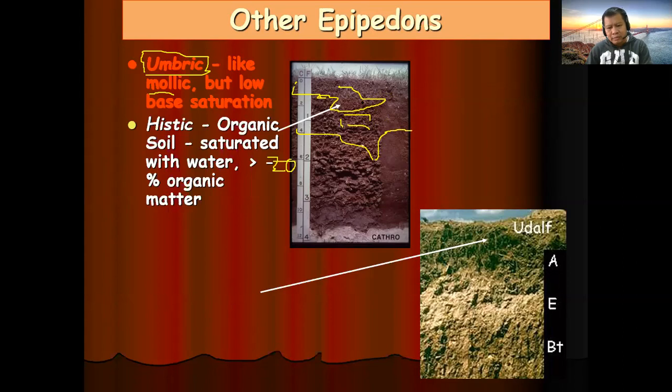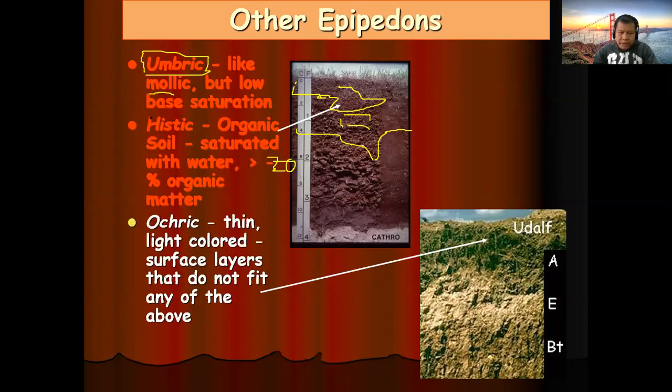And trees. Meron pang mga undecomposed or partially decomposed leaves dito. Histic ito, no? So saturated with water. So meaning to say, this has been submerged in water because when organic matter is submerged in water, it will not decompose. It will remain as tissues or partially decomposed tissues. Okay.